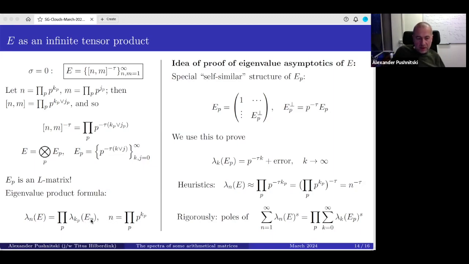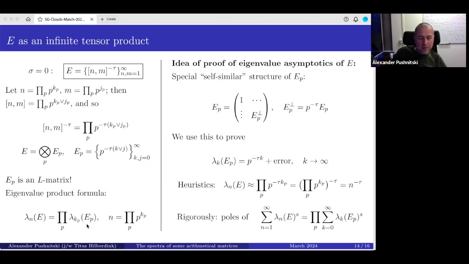So let's say the exact theorem is this, that there exists an ordering of eigenvalues of E such that they can be written in this way. For each n, you write down its factorization in this way. Then you take the corresponding Kp, and then for each p, you take the corresponding kpth eigenvalue of EP.